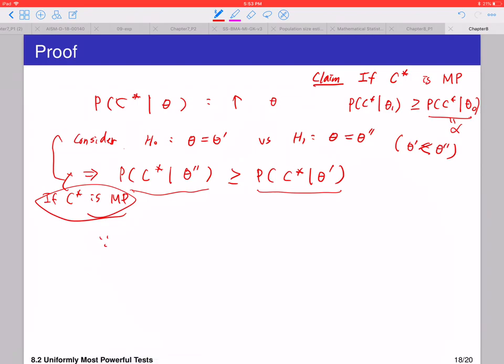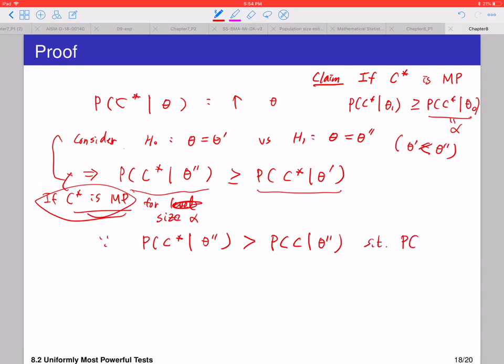if you consider, what do you mean by MP for level alpha? Okay, so let's say size alpha. It's simple, size alpha is the same as level alpha. So that means its rejection power is greater than for any C such that P_C prime is alpha, right?